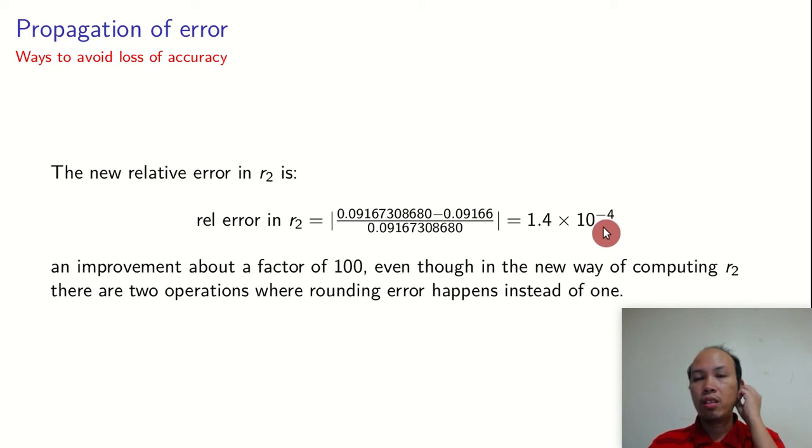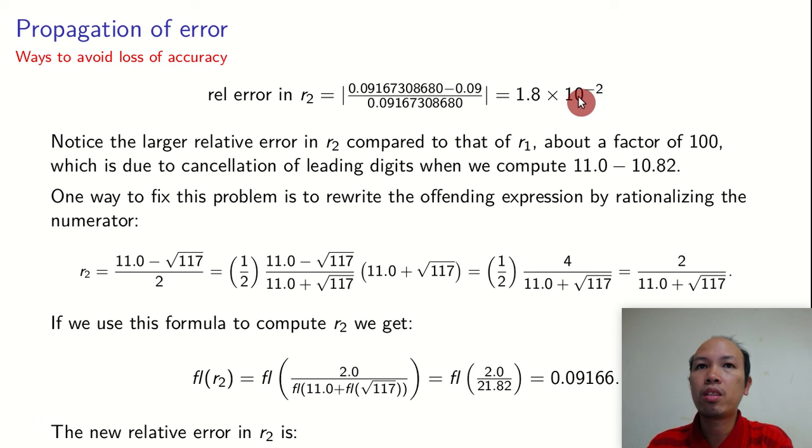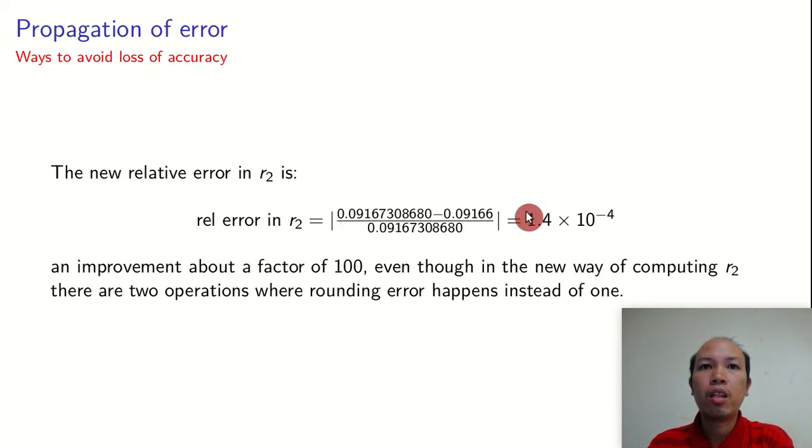If you compare it with the relative error before, which is times 10 to the negative 2, we improve by about a factor of 100. For the new computation, we have 10 to the negative 4. So we improve by a factor of 100, even though in the new way of computing r sub 2, there are two operations where rounding error happens instead of one.